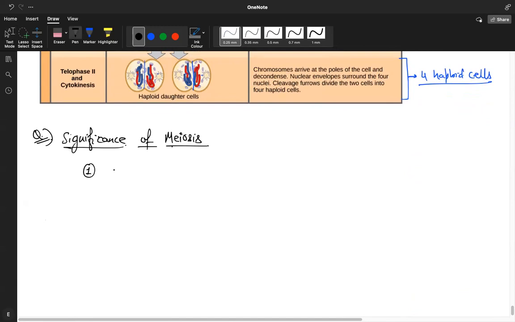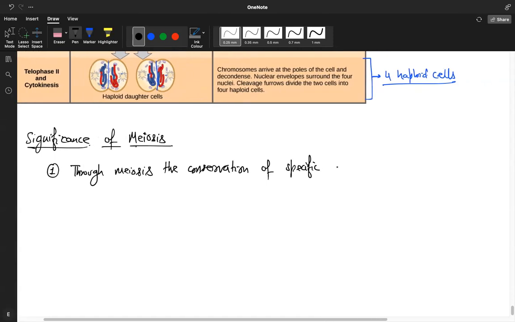So the first and most important goal that meiosis achieves is that it is the mechanism by which we conserve the chromosome number in each species across generations, right? So write down, through meiosis, the conservation of specific chromosome number.